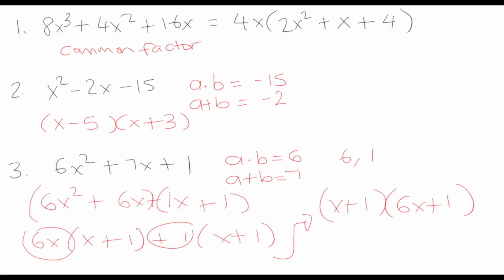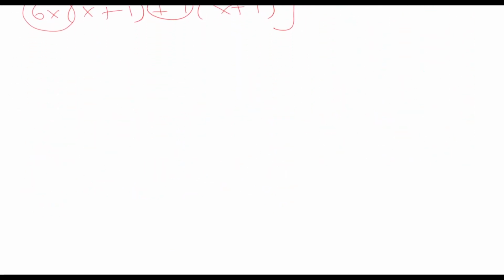I want to go over one more example where we can actually integrate some of the methods that we've learned. Let's say you had the following expression: 12x squared plus 20x minus 8.